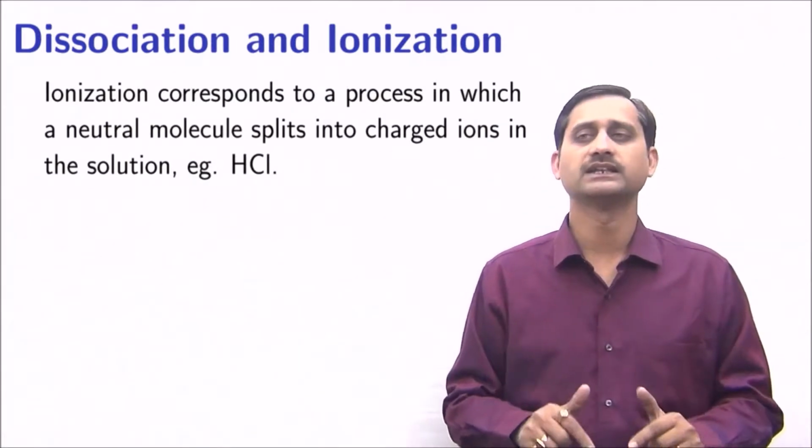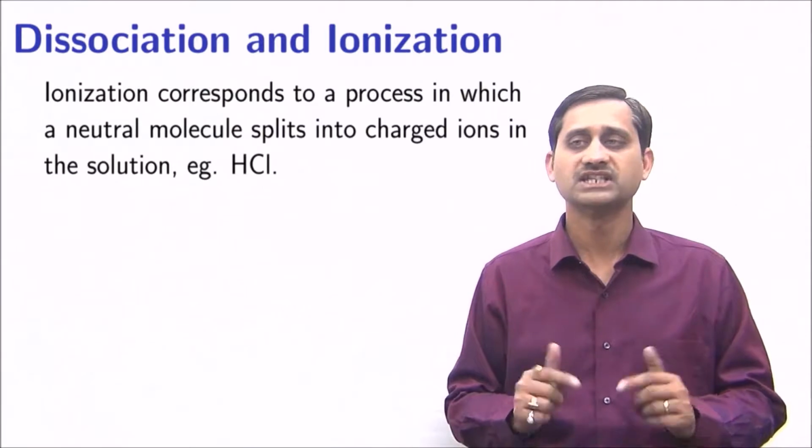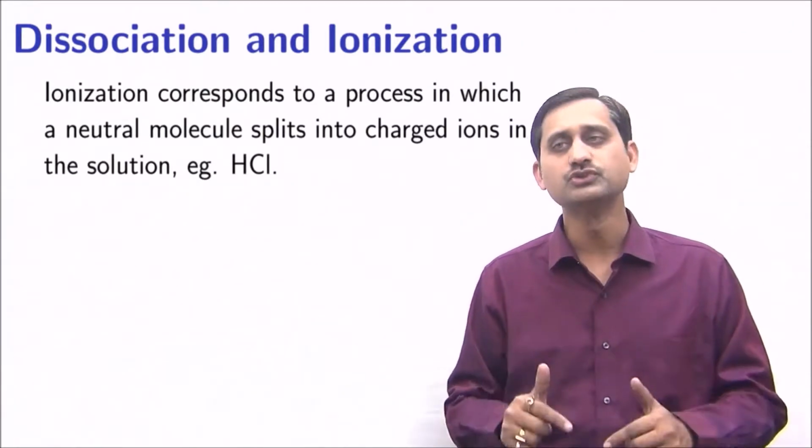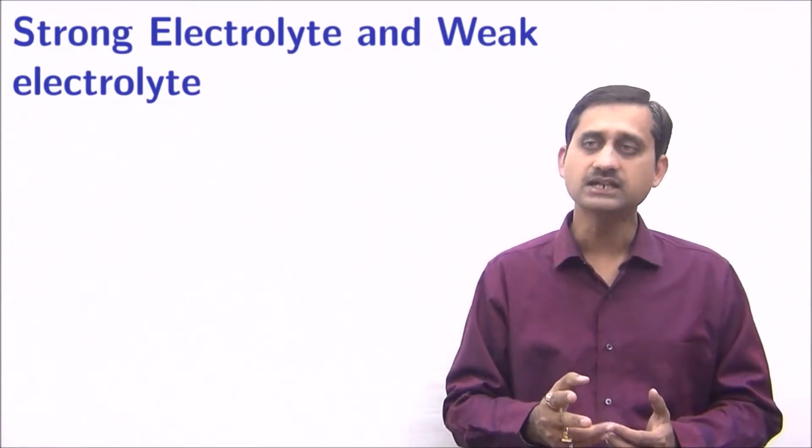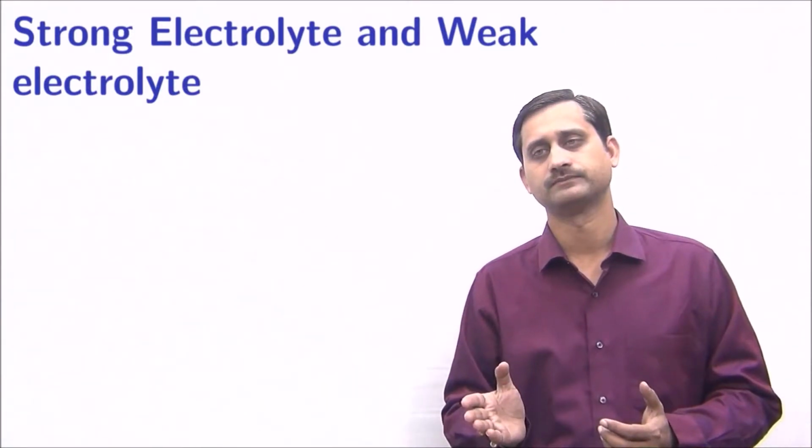Here, in the context of ionic equilibrium, we shall not distinguish between the two and use the two terms interchangeably. By the extent of dissociation, the electrolytes are classified in two categories: strong electrolyte and weak electrolyte.